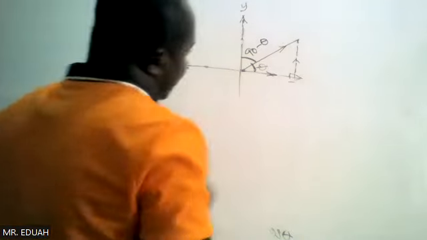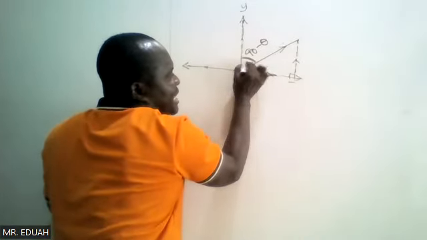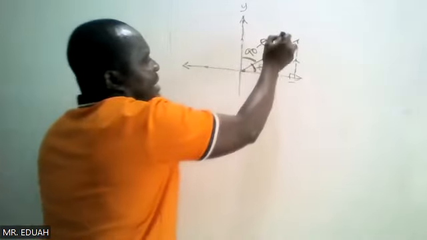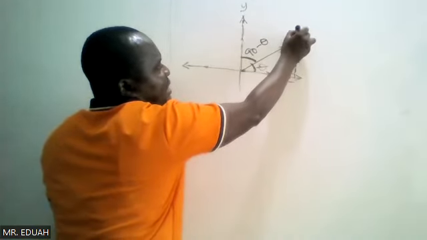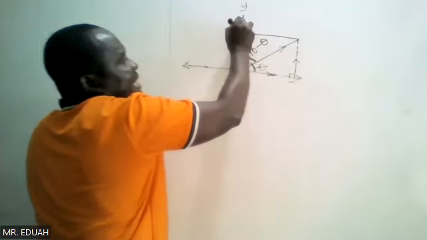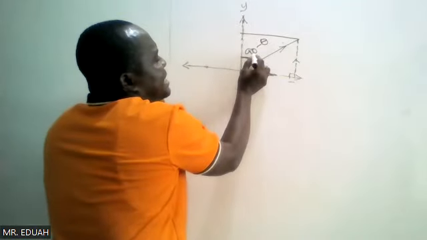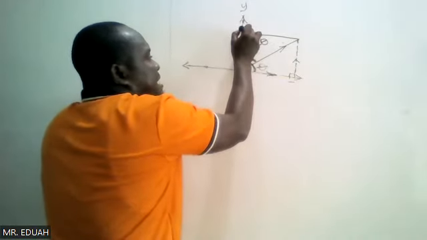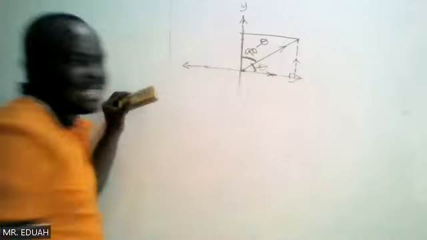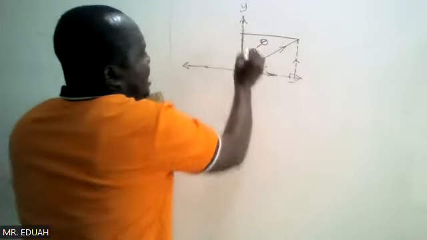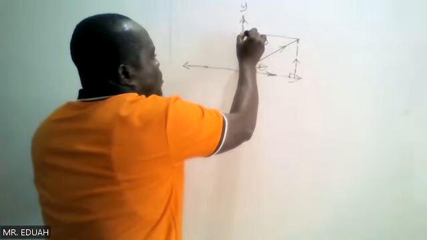Now look at this. With regards to this angle, the opposite side to this angle will be this line. Then with regards to 90 minus theta, this is the adjacent side. And we could deduce that the opposite and adjacent are perpendicular to each other.